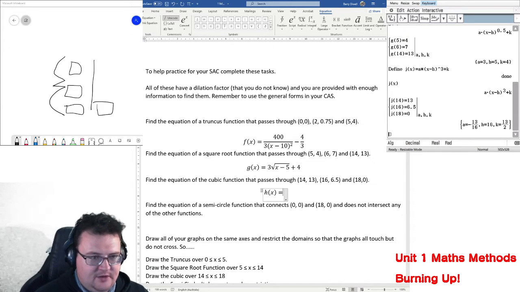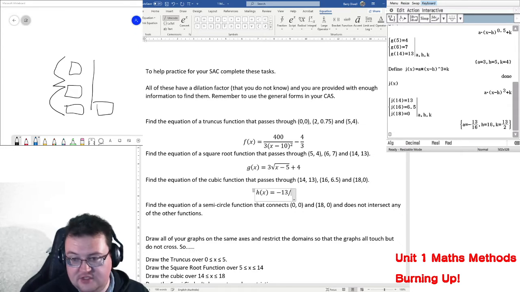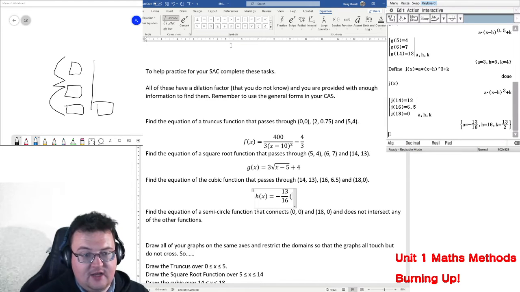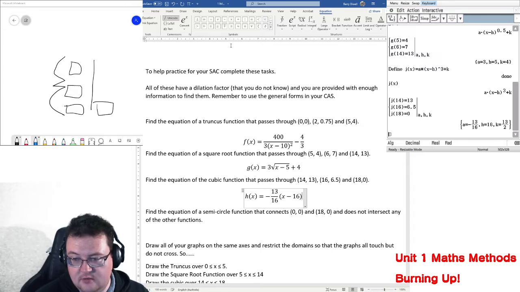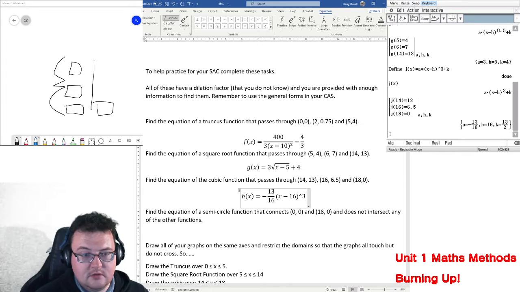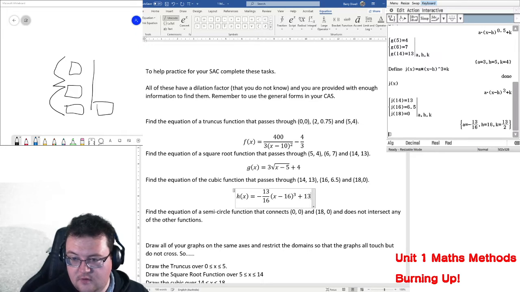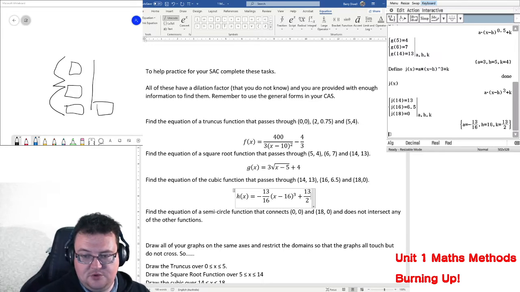It doesn't like it. So A is negative 13 over 16, bracket X minus 16 cubed plus 13 over 2. So now I've got those in there.